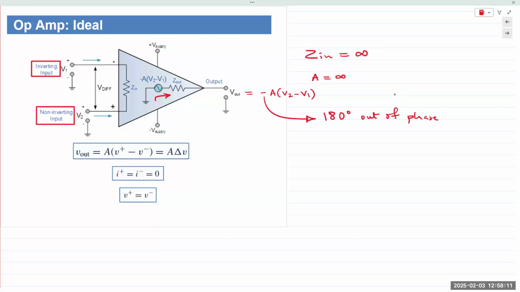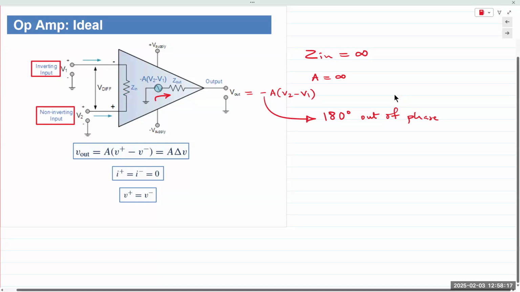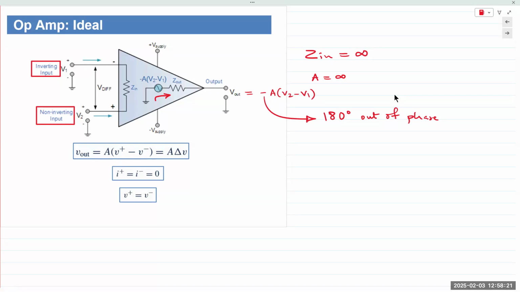But the more important concept I want to talk about is this. Zin is technically infinity, the difference between the two. So if we apply any input to the terminals, no current flows in there. So if no current is flowing, then what is the voltage across this resistor, across that impedance?